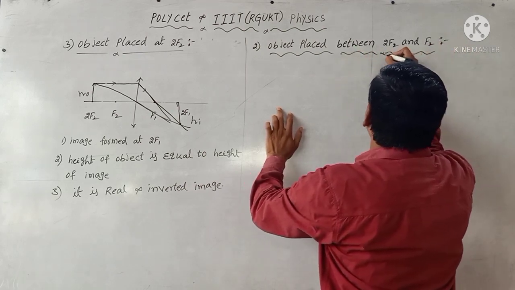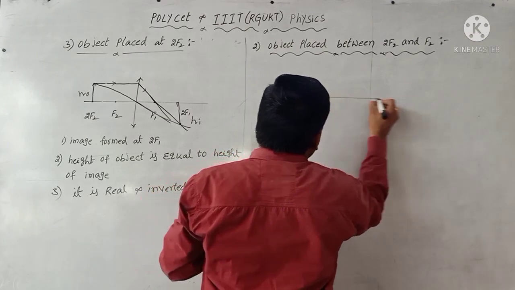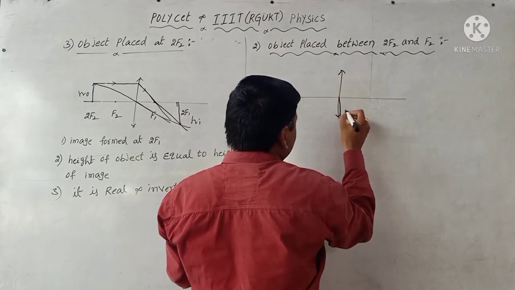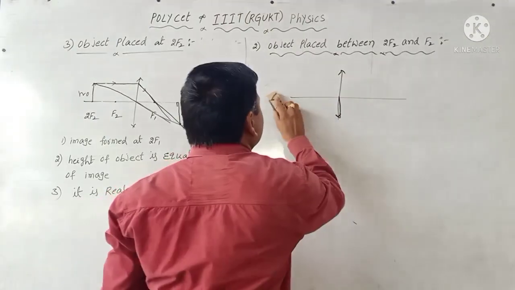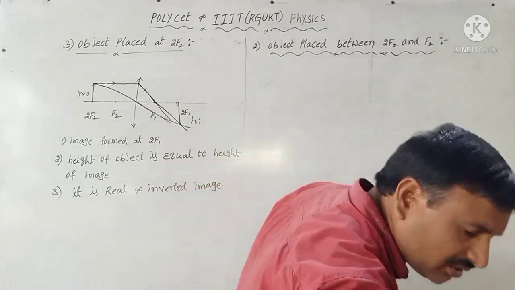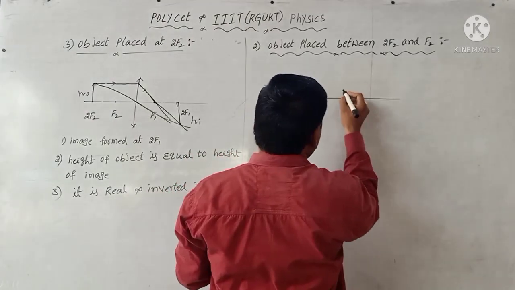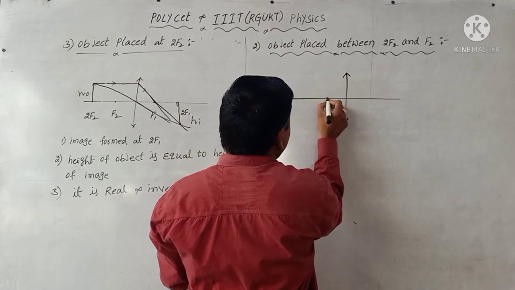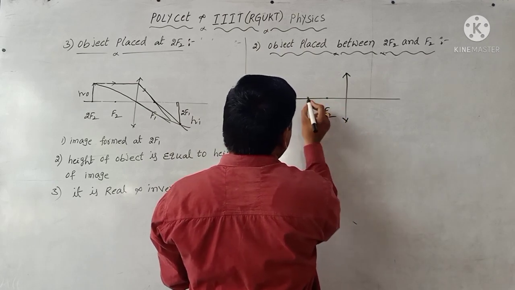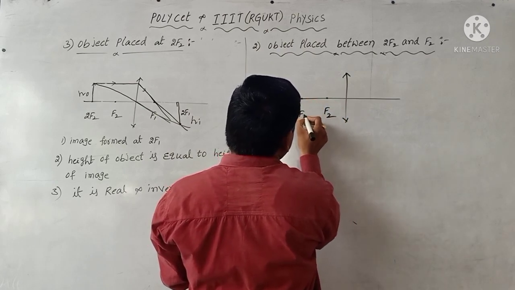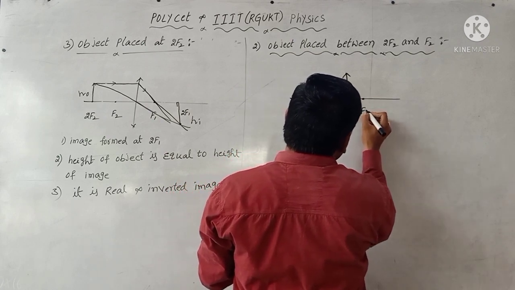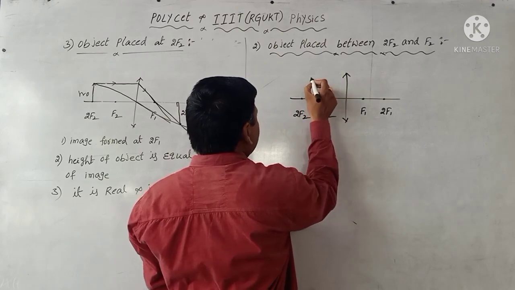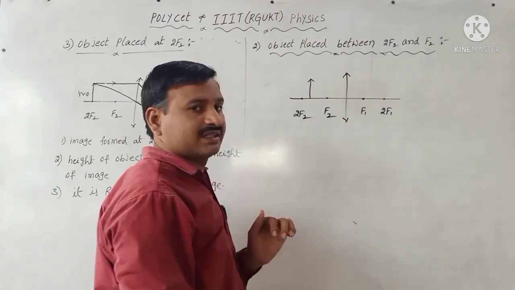Where you put the object here, first draw the convex lens. It is the principal axis and it is the convex lens. Here is the focus, here is 2f2, here is f1 and here 2f1. Where is the object? Here is the object.